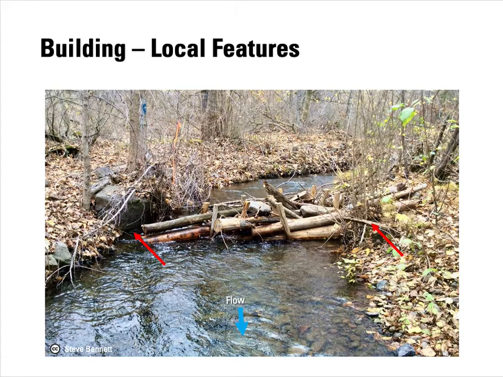This is an example of another bank attached PAL where we're just using a small shrub on the right and building the structure up on the bank a bit. We're also using a pre-existing boulder on the left to help constrict the flow, which will amplify the constriction jet.